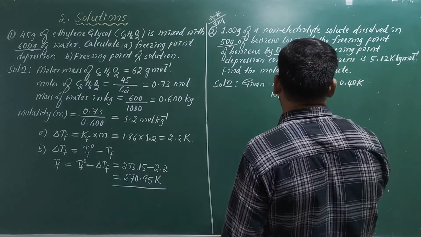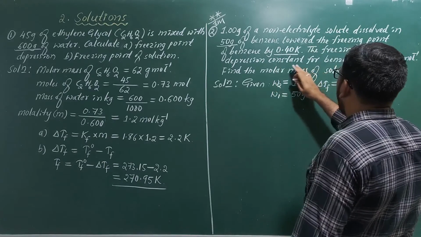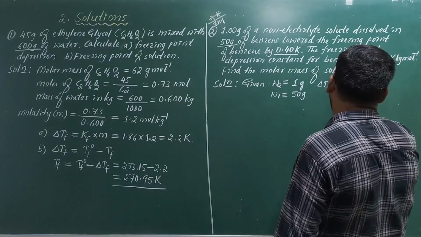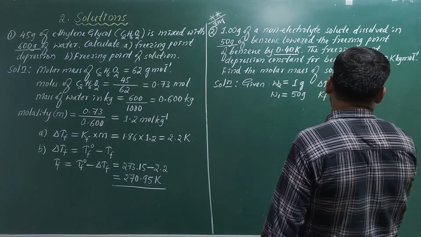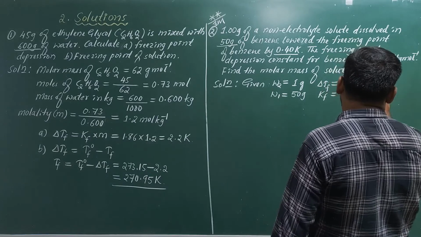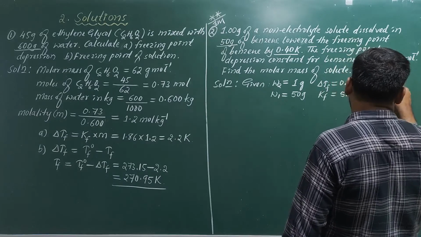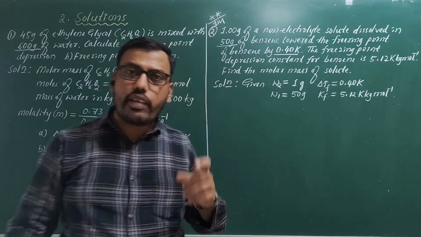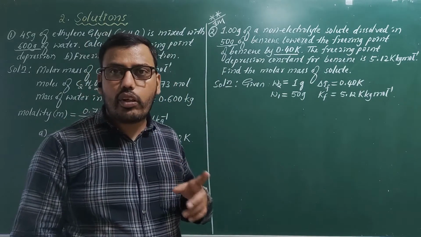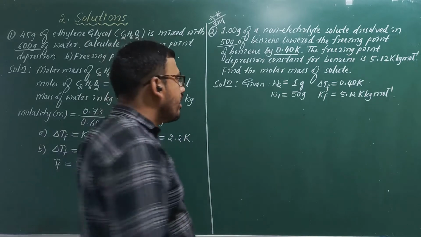Okay. Further, if you see the problem, so KF is given. KF for benzene. So KF is equal to 5.12 Kelvin kg per mole. Dear students, after reading the problem, you should be able to read the given data first. Then only you can solve the problem in the proper way.